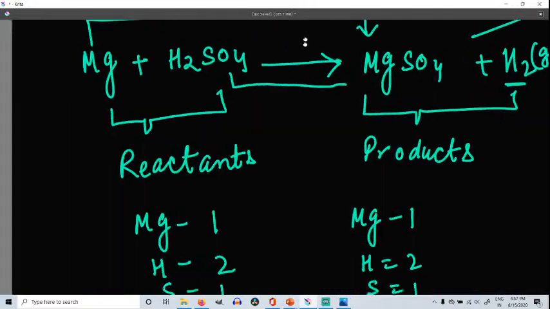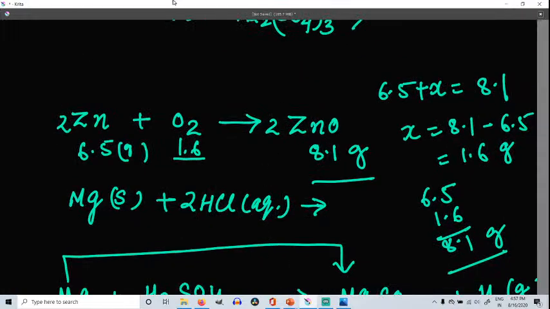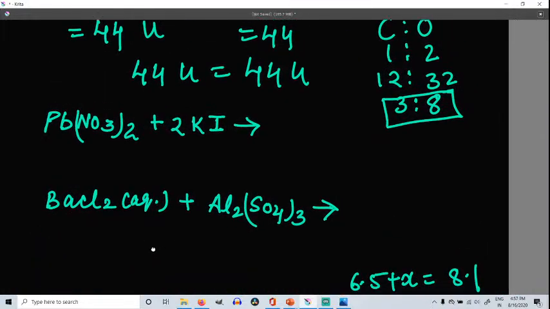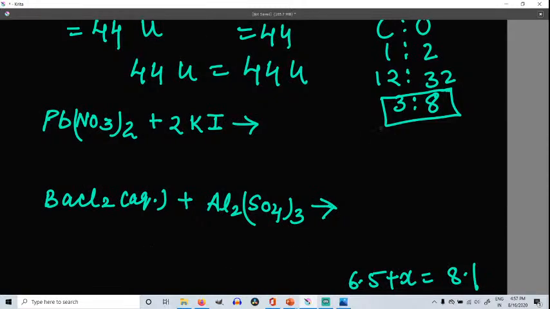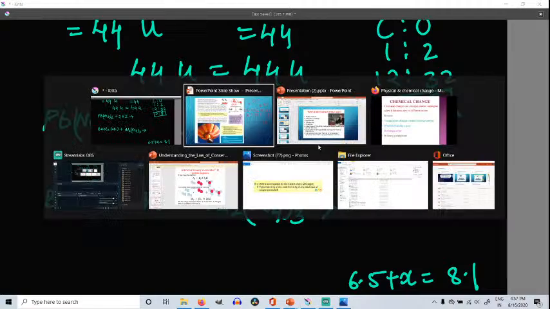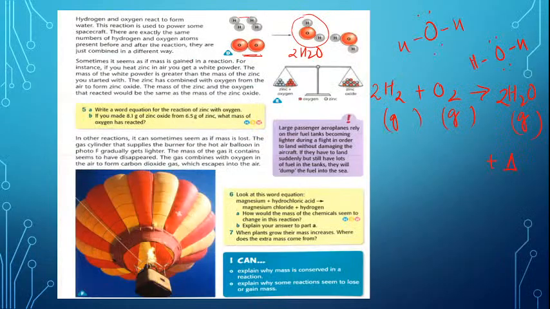And then in the next question, they have asked us to write a balanced chemical equation for this. This we have already done. Okay, so let's go back to the questions. The next is to write a word equation for zinc, and with that we have already written 2Zn plus O2 is going to give us 2ZnO.